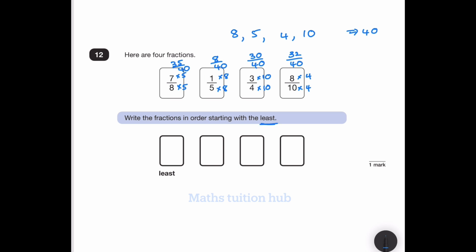So the least one is 8/40, so that is 1/5. The second one is 30/40, that is 3/4. The third one is 32/40, and the fourth one is 35/40. So write them in order: 1/5, 3/4, 8/10, and 7/8.